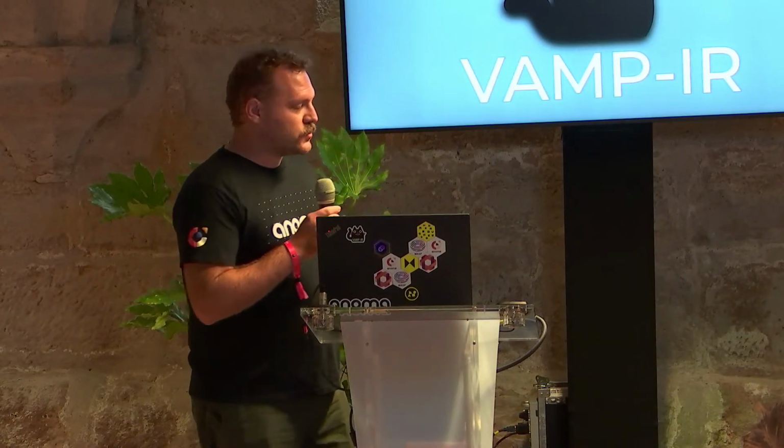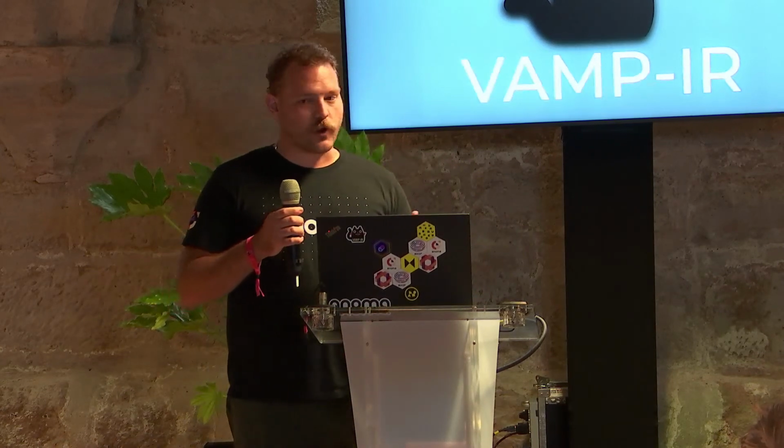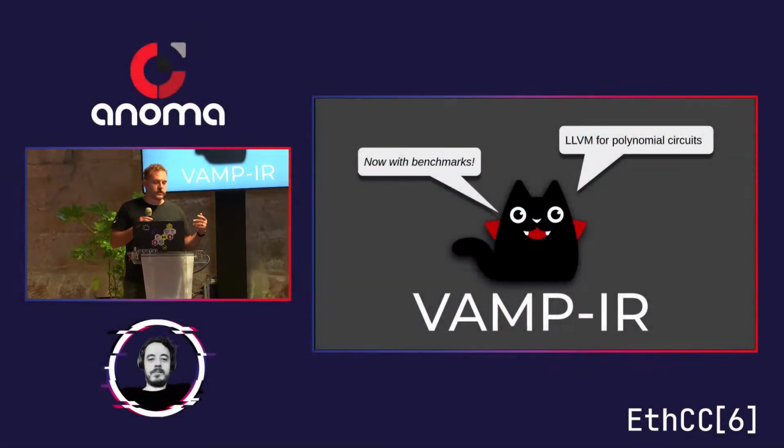I'm from Heliax. I'm going to present to you VampIR, our programming language for arithmetic circuits that is universal and is not tied to any specific backend or proof system implementation.